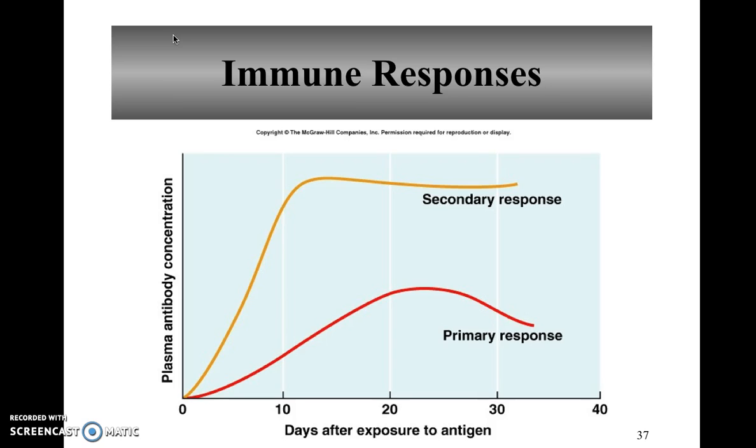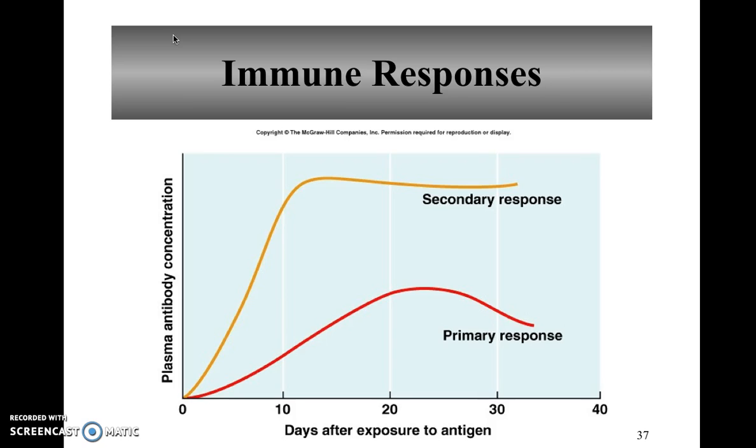So in a primary immune response, remember, you get plasma cells, but you get the memory cells. And those memory cells are what are responsible for that secondary response. As you can see in the graph, the secondary response is much stronger, much more rapid, and much more long-lasting.